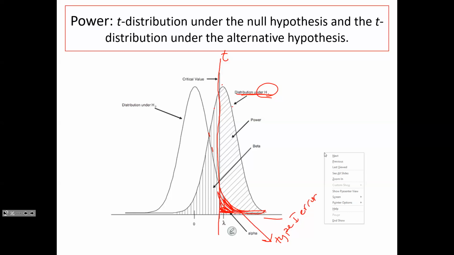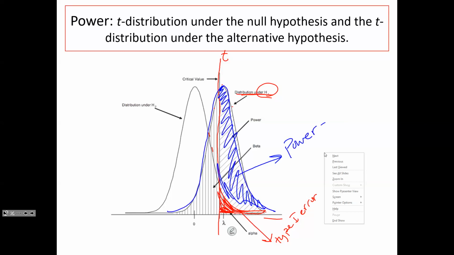Whereas if the alternative hypothesis is true, this is what's called a non-central T distribution. Here's still my critical value. And this piece right here is actually the power. This is the proportion of the non-central T distribution that lies above the critical value.